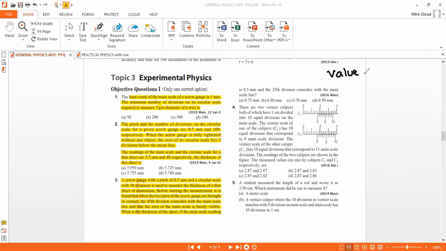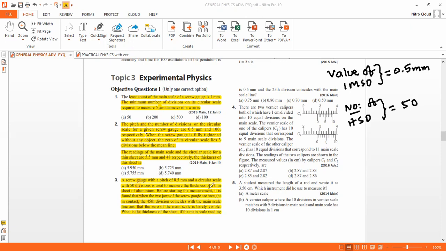The number of circular scale divisions, the head scale can also be called the circular scale, is 50.